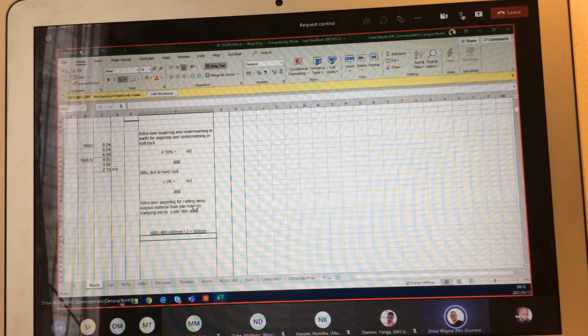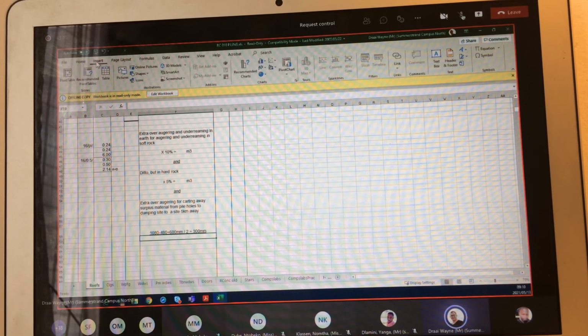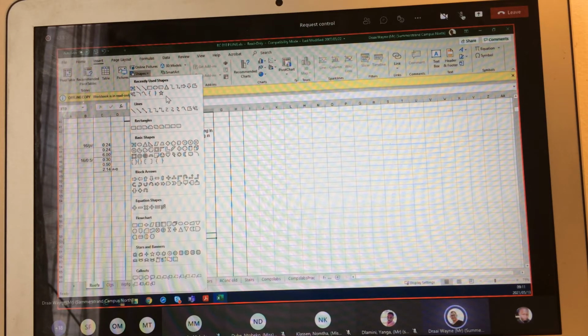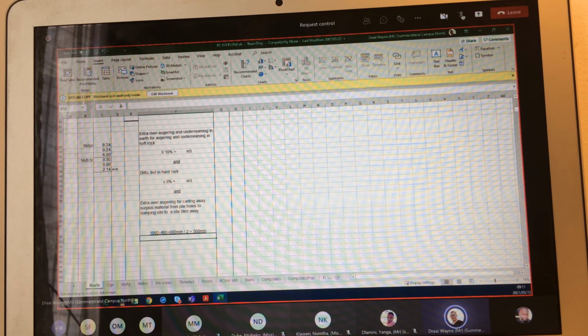So I'm just trying to see. Trying to insert a shape, and the shape that I want to insert is a basic shape.